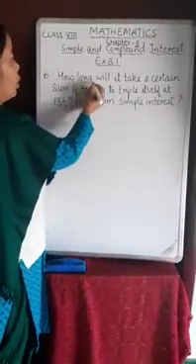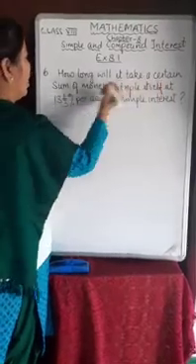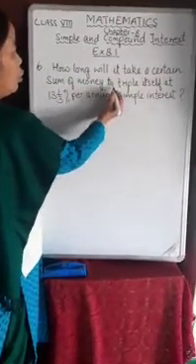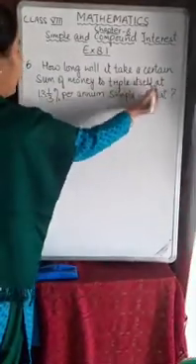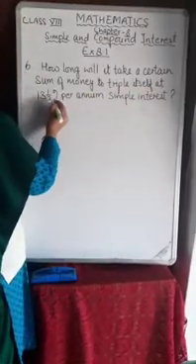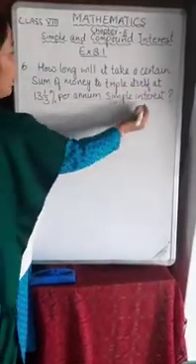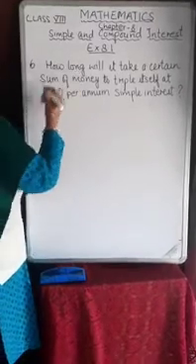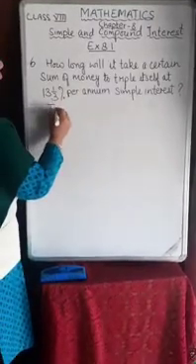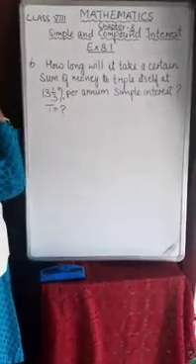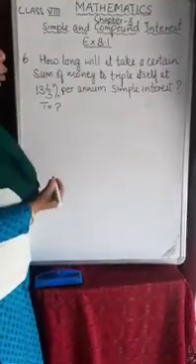Question number 6. In this question, the question is, how long will it take a certain sum of money to triple itself at 13 1/3% per annum simple interest? So here, how long means we have to find out the time. Right, children? And the sum of money is also not given.